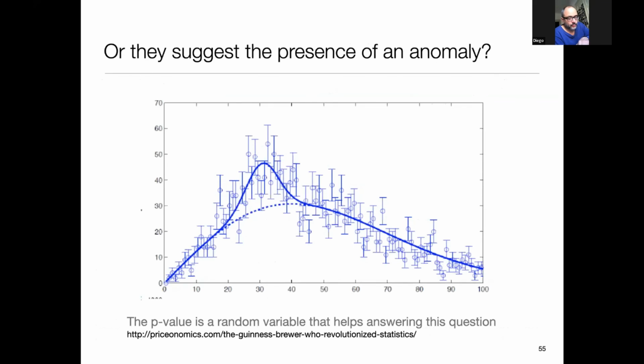So how do I quantitatively evaluate that? Well, in frequentist statistics, I use p-values. So p-values are random variables, or variables of the data, and they do help answering this question. And they also have a very funny story of their origin, which is linked from here.